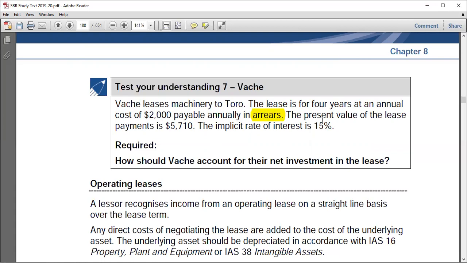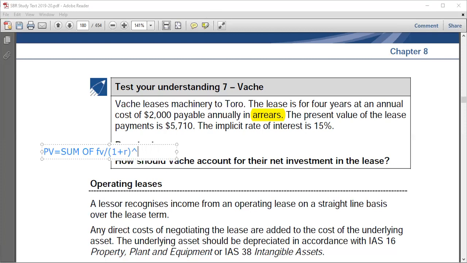Now, do you see some questions like this? They have already given you 5,710, but in case we are the one dealing with it directly, how would you have proceeded to obtain that present value of the lease receivable? Present value should be the sum of what? Future values, but discounted, right?